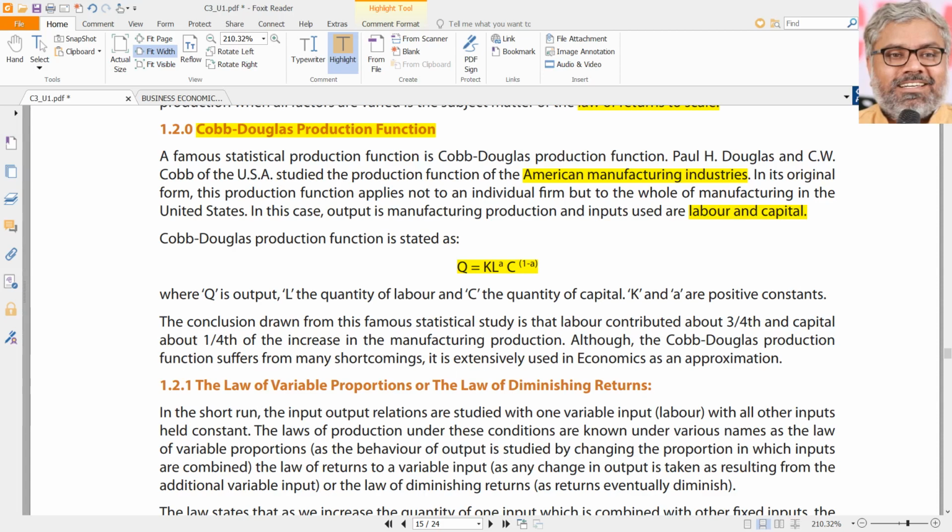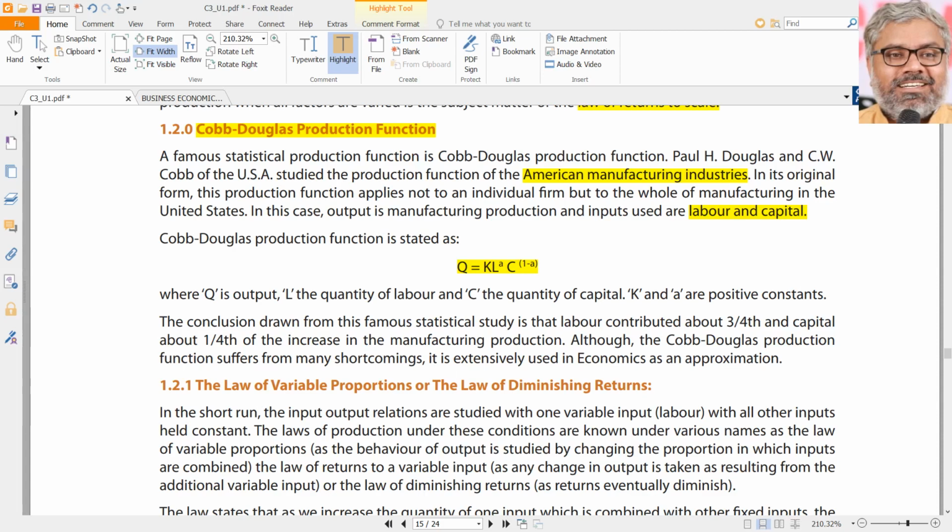The output, which is the dependent variable, is equal to K, which is a constant, not capital, multiplied by L, which is labor, to the power of A, which is also a constant, multiplied by C to the power of 1 minus A. For example, let us say A is 0.5, then C's exponent is also 0.5.